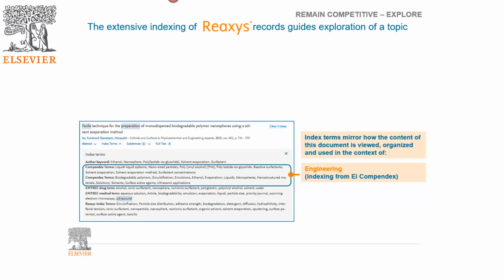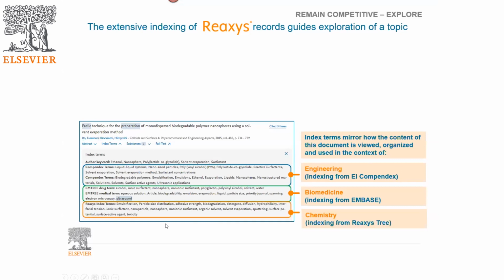It gives you insights about the article from several viewpoints. One of them is engineering, the Compendex terms. The second one is biomedicine, the M3 terms. And the Reaxys index terms are the viewpoint of chemistry.